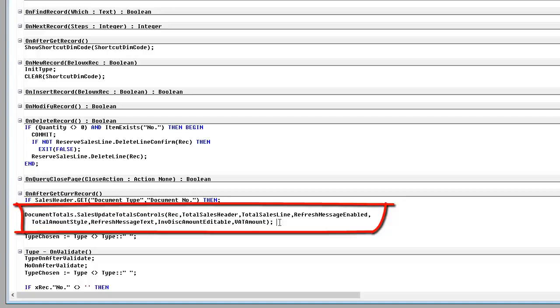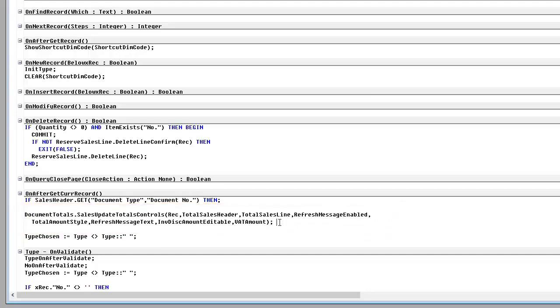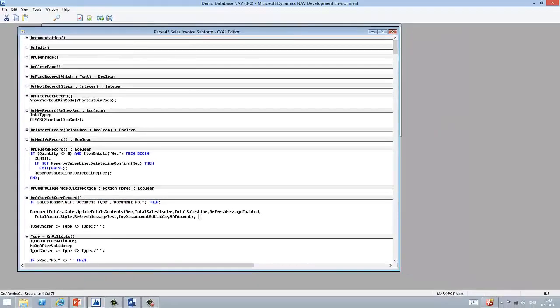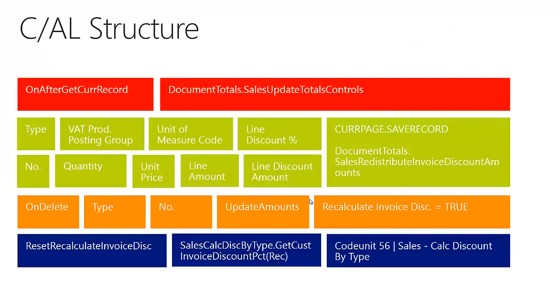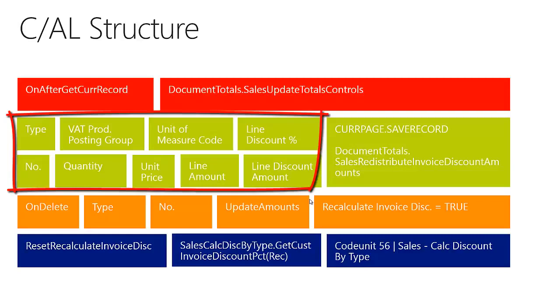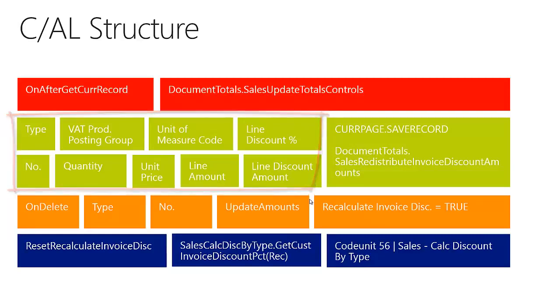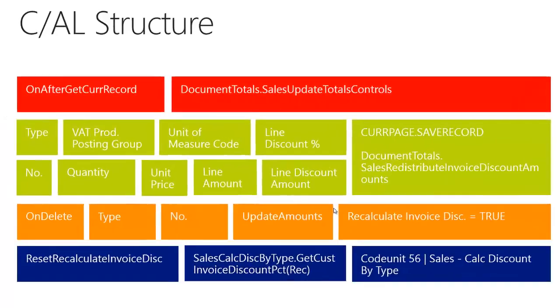But before we go into the definition of this function, let's first look at the fields that trigger the recalculation. There are 9 fields that, after populating a value, the system will call a function in the Document Totals codeunit.